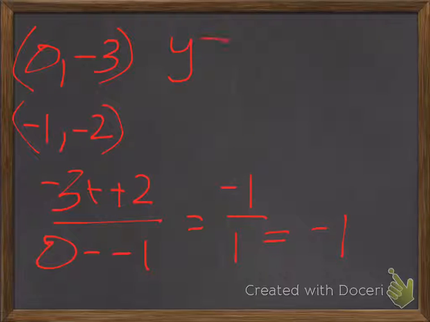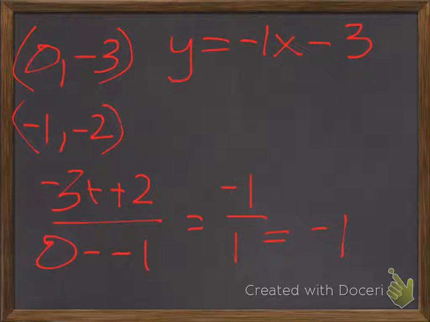So my slope is negative 1 x, and my y-intercept was negative 3, so this is my equation for line L.